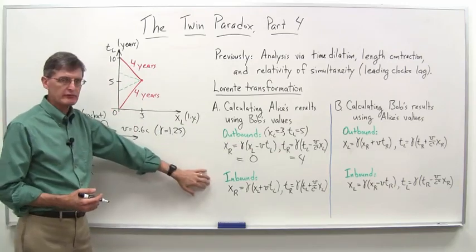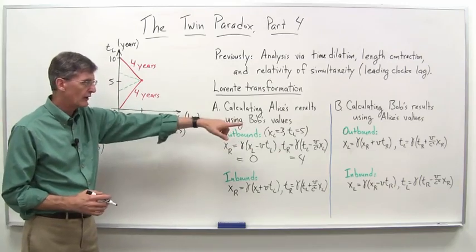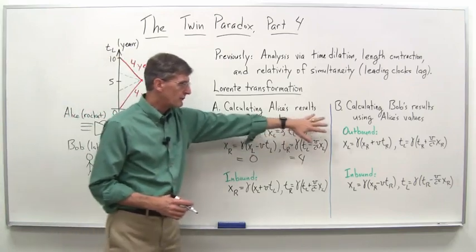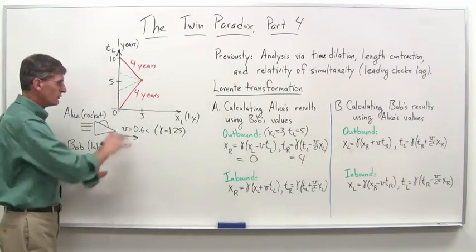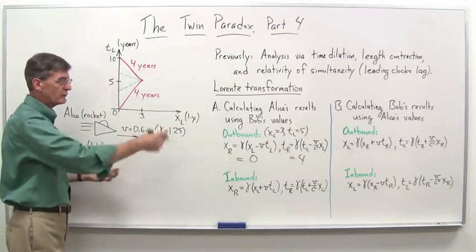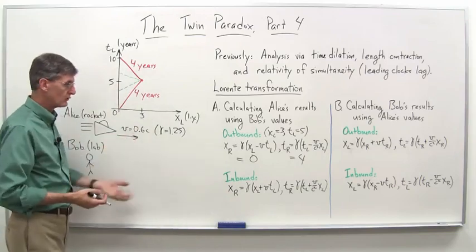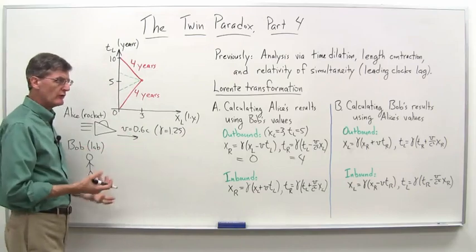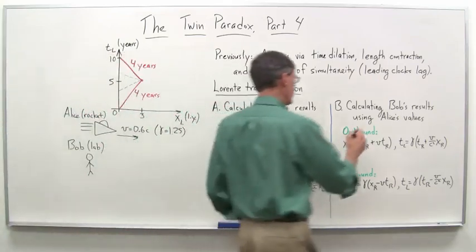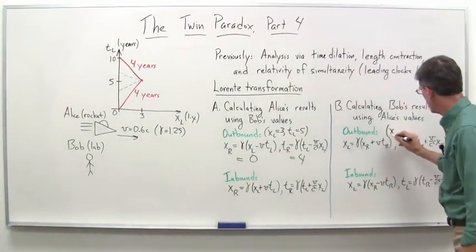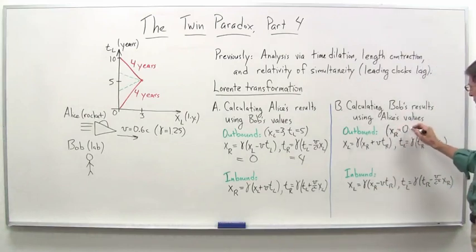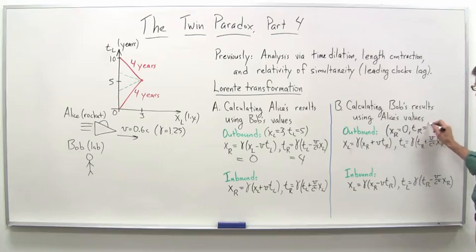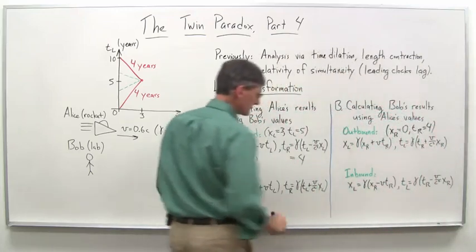Now we'll get to the inbound trip in a minute. That's a little trickier. Let's do the outbound trip for Bob's results using Alice's values. Well, we could either do Alice's analysis as we did with the length contraction and time dilation, or even just use these results here. We know that Alice is going to be at XR equals 0, TR equals 4 at the turnaround point, at the planet or star.